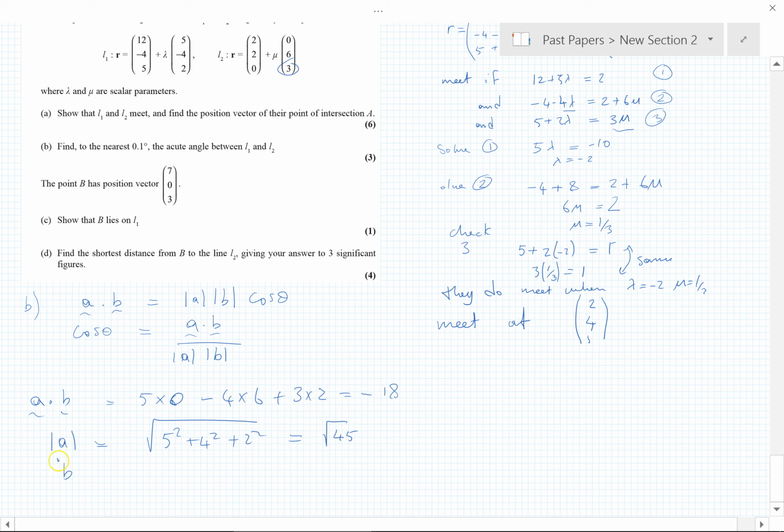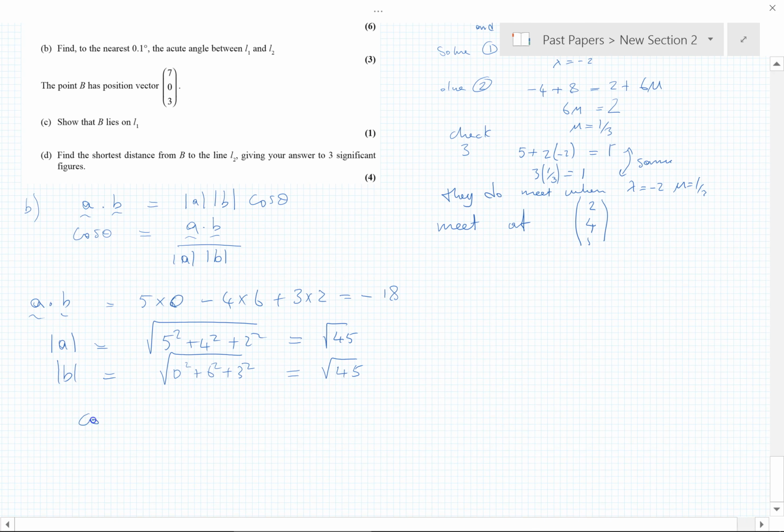And the mod of B is equal to the square root of 0 squared plus 6 squared plus 3 squared. So that's 36 plus 9, so that's also the square root of 45.